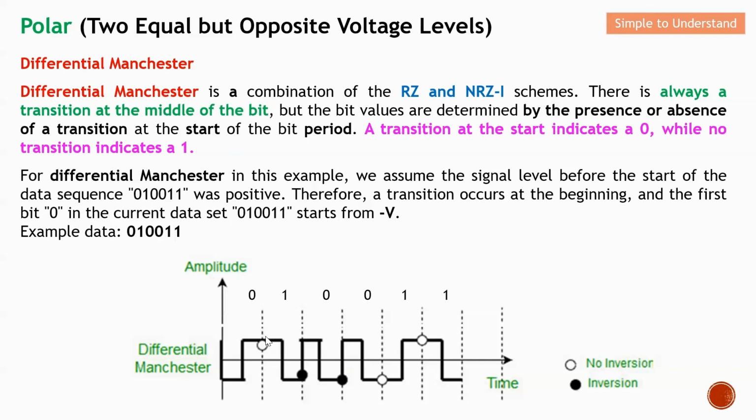It's because I mainly look at whether there will be a transition. I'm not looking at the level. If there is a transition, I will say that the next bit should be 0. If there's no transition, my next bit will be 1. So this is for differential Manchester.